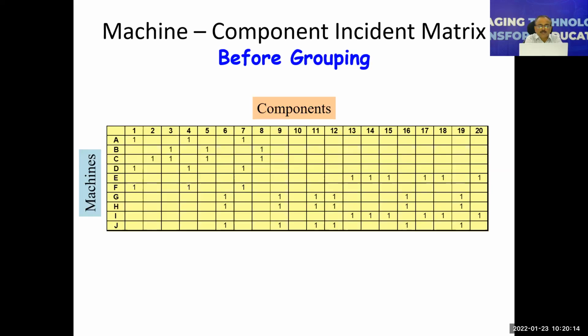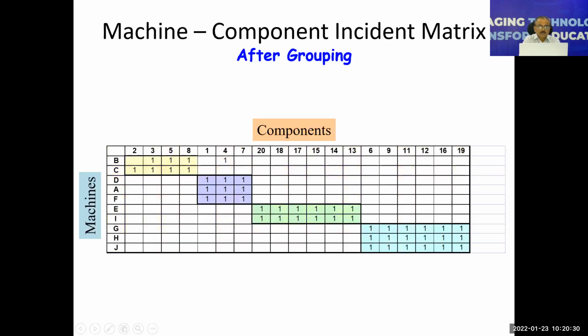Similarly component 7. Based on these characteristics, how can we group these components so that we can form a cell of machines, and that cell of machines can process these particular parts? The solution may result in such a formation of part families.